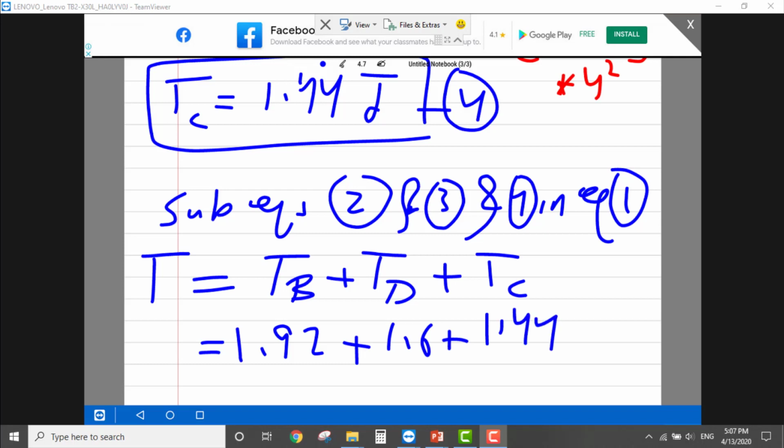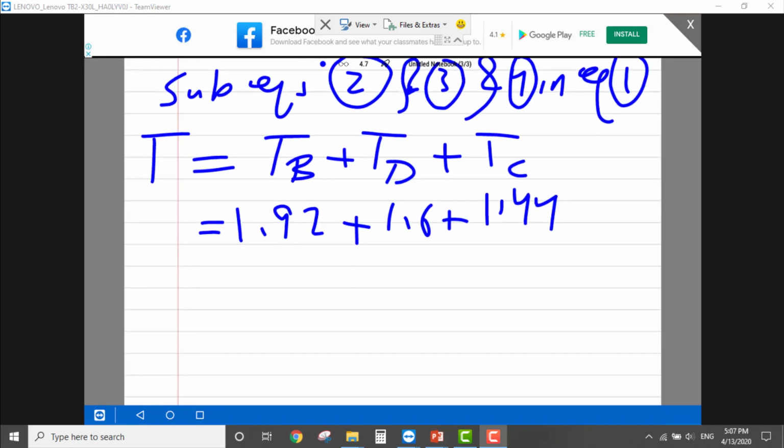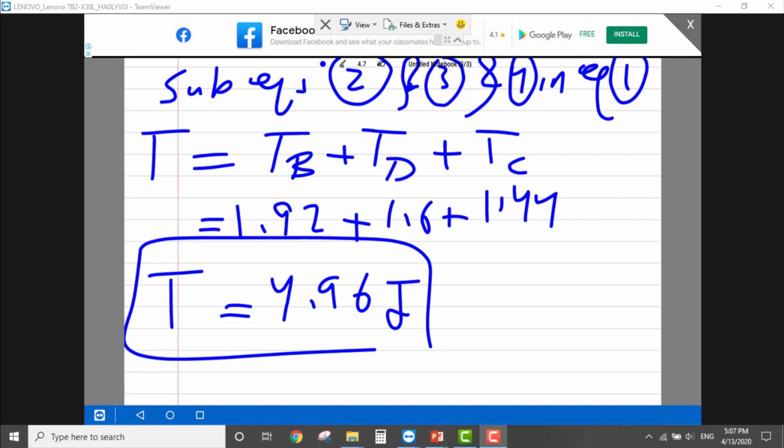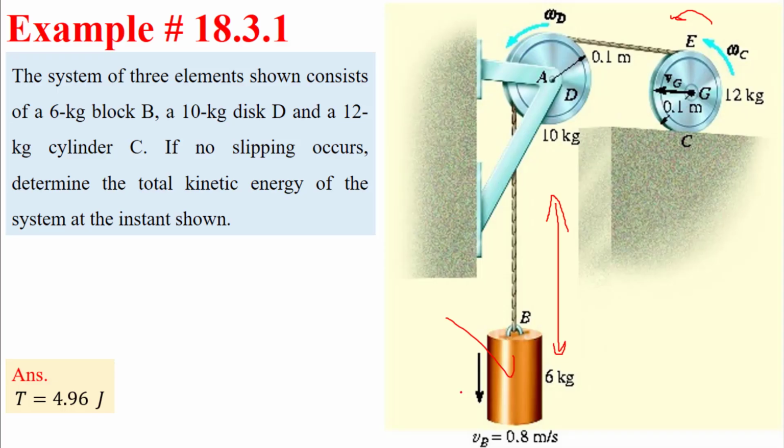If I add them together, I'll find that the total kinetic energy T total equals 4.96 joule. Okay, I go back and check with the PowerPoint. Yes, this is 4.96. Okay, let's continue.